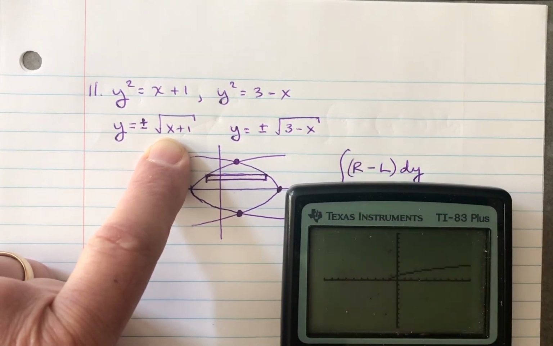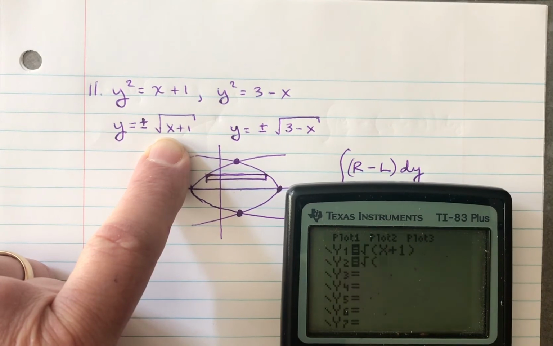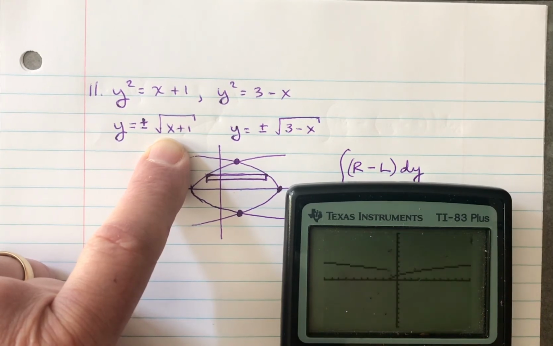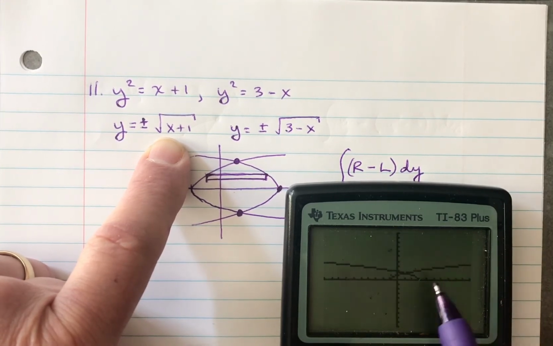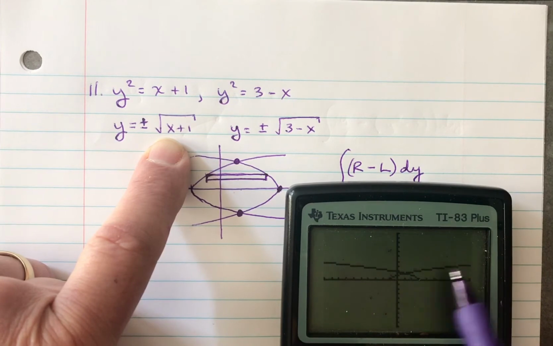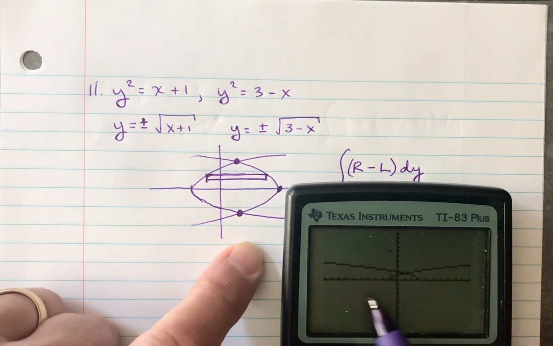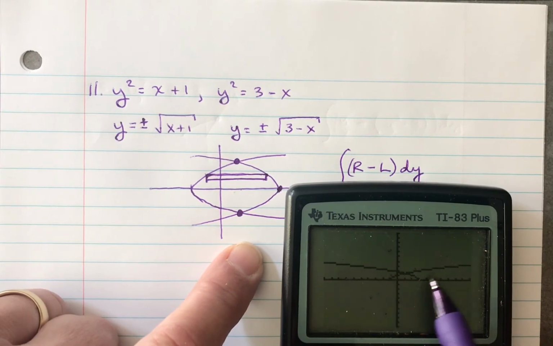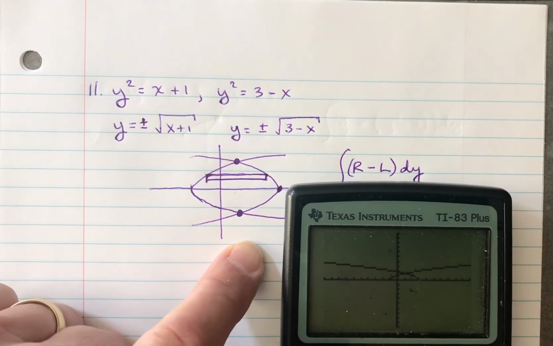And then the other one is the square root of 3 minus x. Graph. And now you can see that I have the top half of each one. And if I graph the bottom half, then it will just be underneath here. It's symmetric with respect to the x-axis.